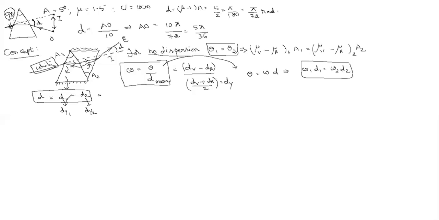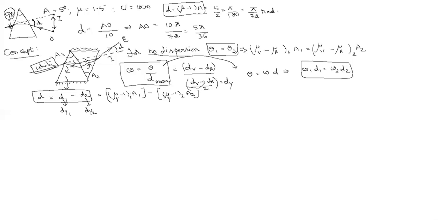And for a small angle prism, in numericals we use the formula D equals mu minus 1 into A. If I use that here, it is mu minus 1 into A in the first prism, for yellow color, minus the deviation in the second prism, that is again mu minus 1 into A in the second prism, of yellow color.